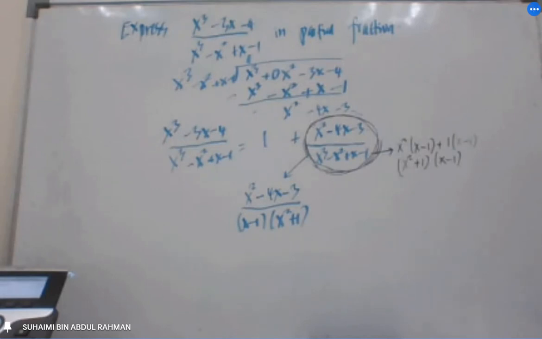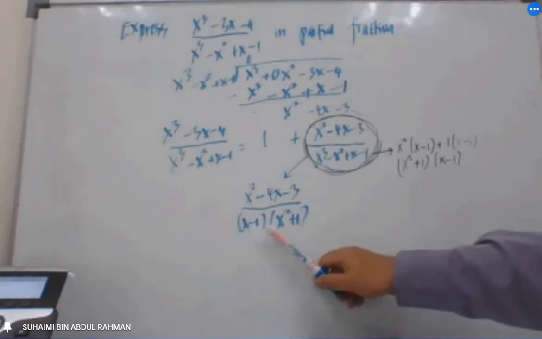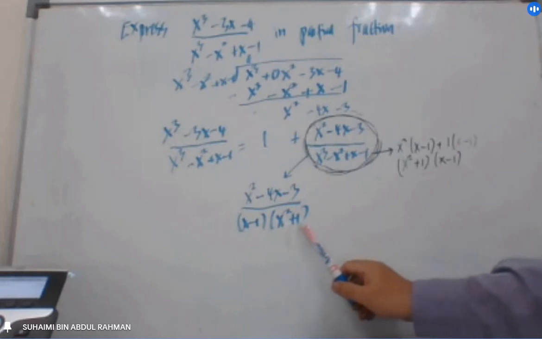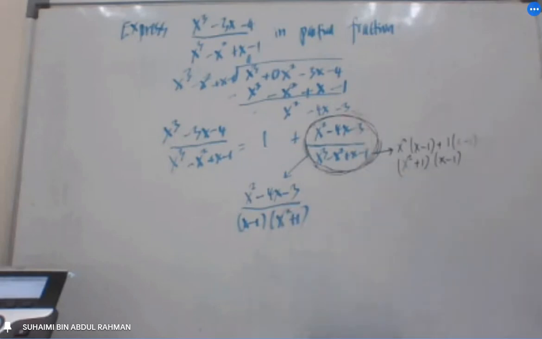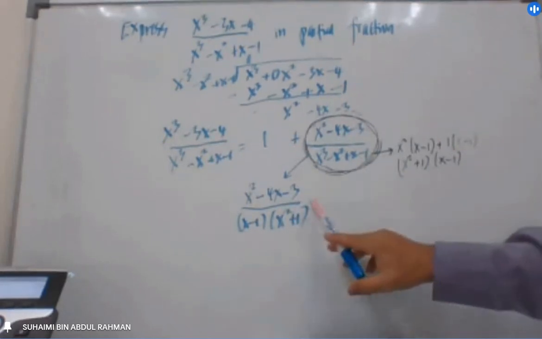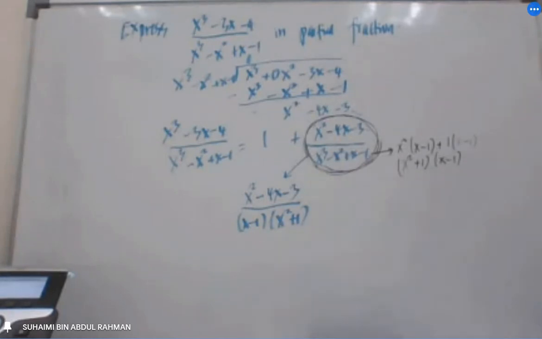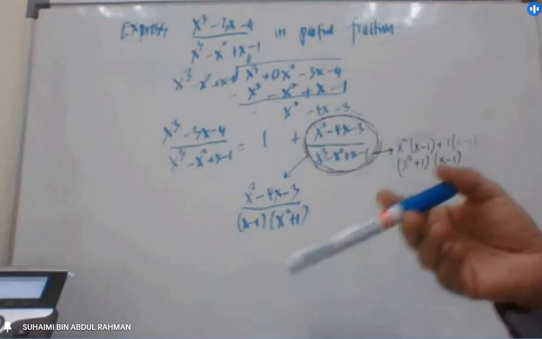Linear and quadratic. This one we call irreducible quadratic, not just quadratic, because some quadratic factors are reducible.